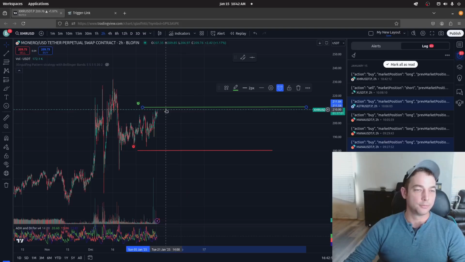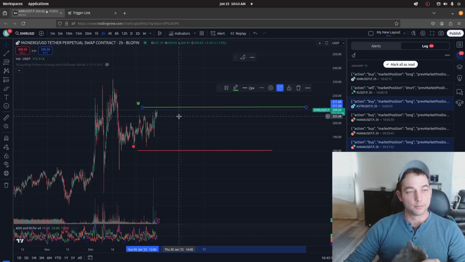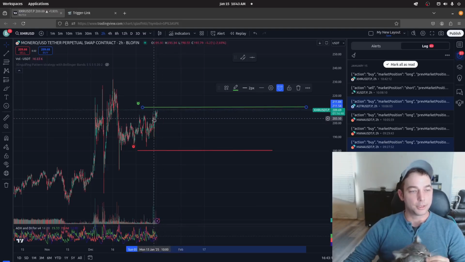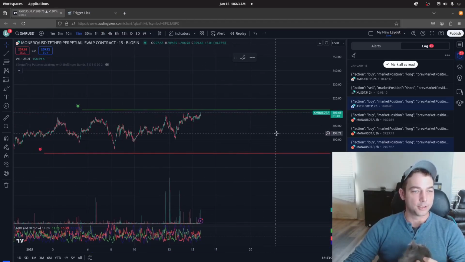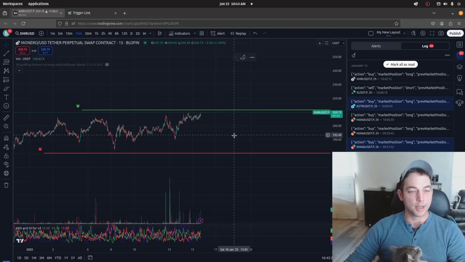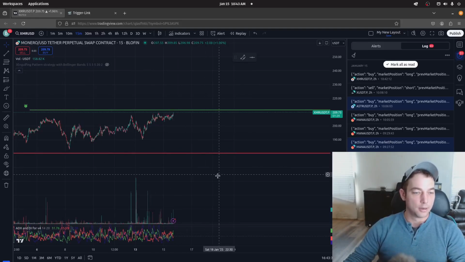When this is triggered, it will send an alert from TradingView to the TriggerLink server. It will check the most recent history of the asset, and right now I believe I have it set to a 15-minute time frame, but I think I might change that to hourly. It'll look at relative volume basically and the ATR.